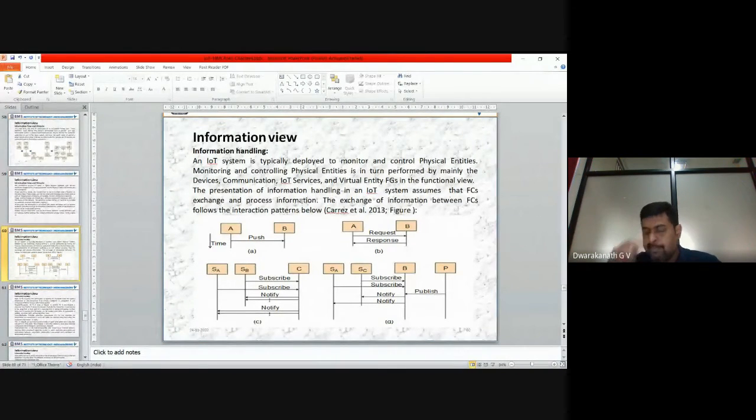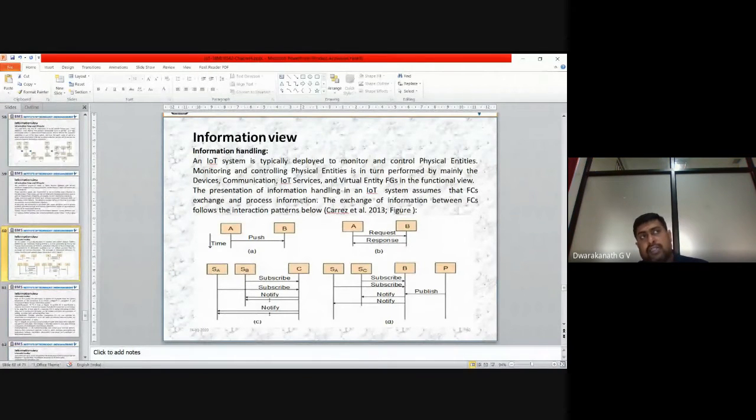It will take it from either the virtual entity, variables like that. It will process it. After processing, some output will come. Maybe that output will be the input for another functional component. Like that, the exchange of information will be there between the functional components, in many types.